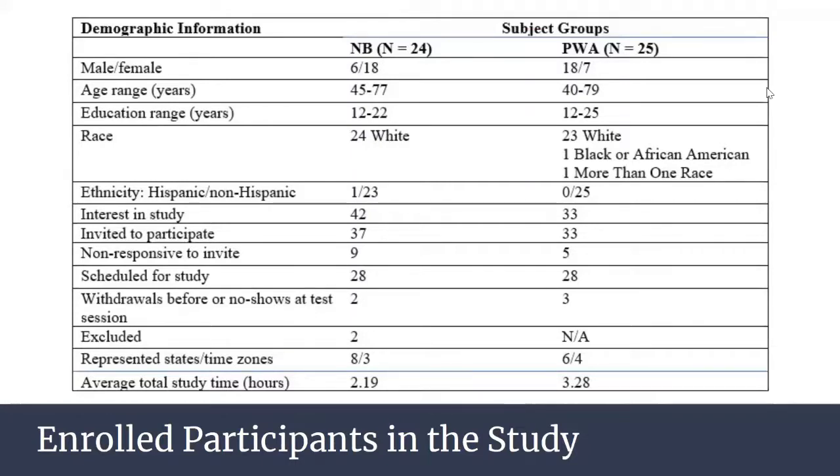Is that correct? Yeah, we did include participants from 45 to 77. Within our persons with aphasia group, we had parameters of 40 to 80 years old, and we included ages 40 to 79.